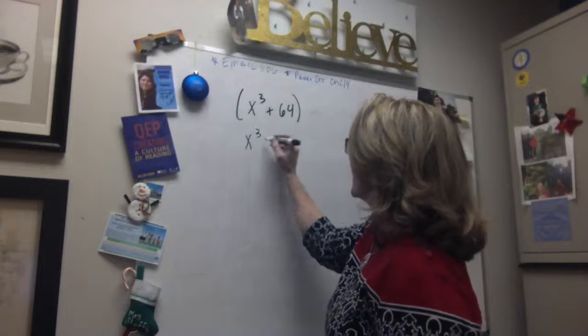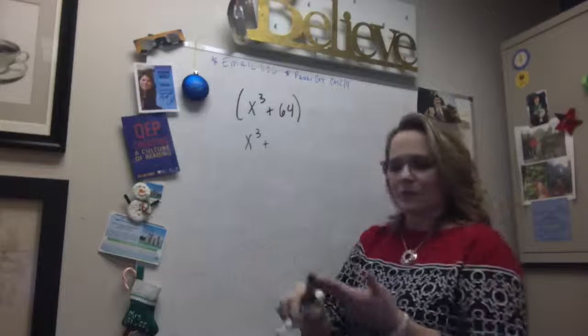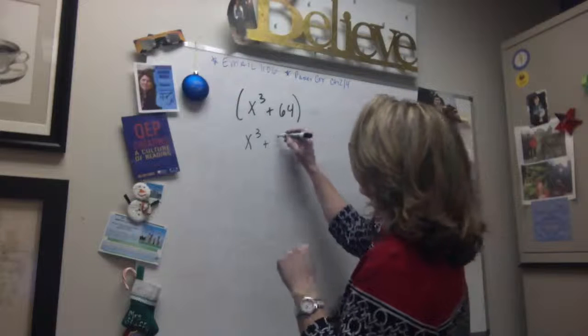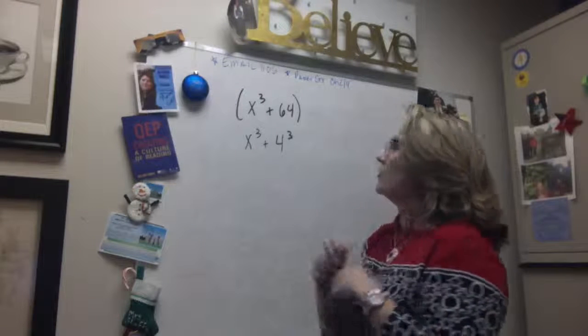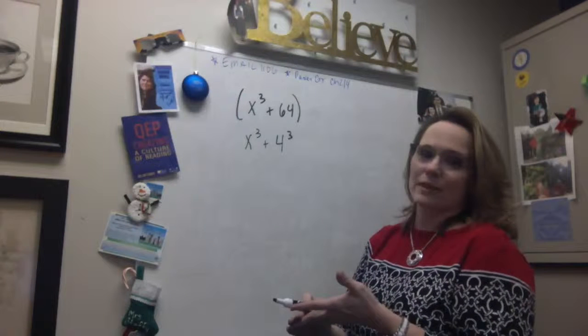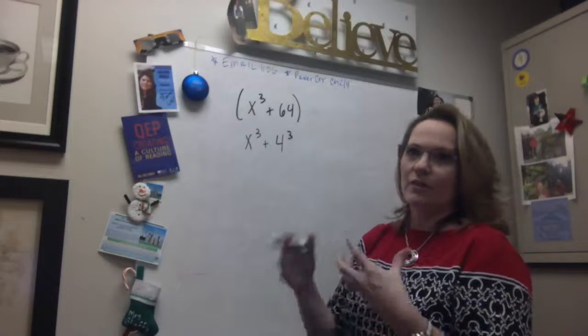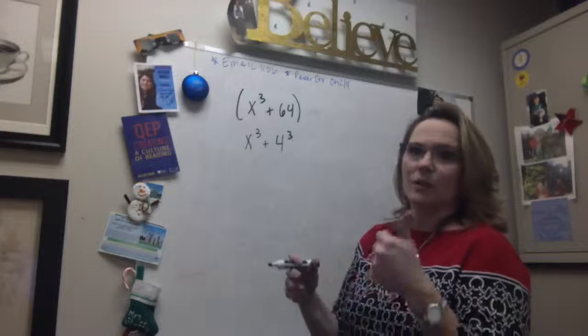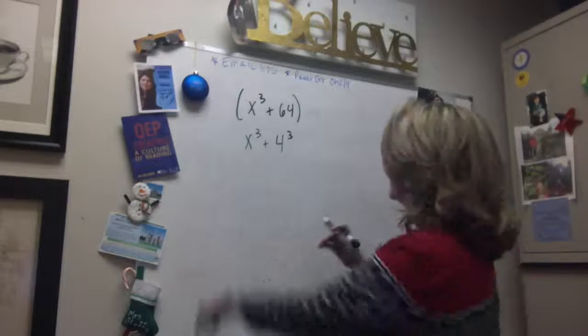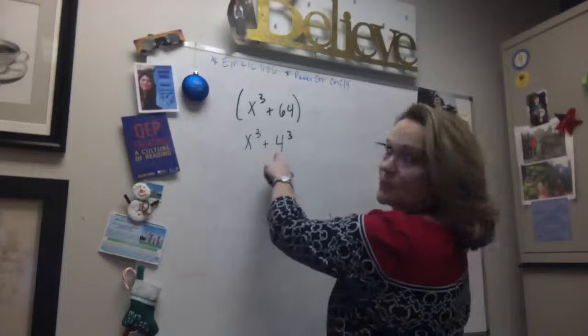So I'll say x cubed plus, let's see, 4 times 4 is 16, 16 times 4 is 64. So you need to start beginning to remember 1 and 8 and 27 and 64. Those are numbers we get when we go 2 times 2 times 2, 3 times 3 times 3, 4 times 4 times 4. Those are cubics. So 64 is 4 times 4 times 4.